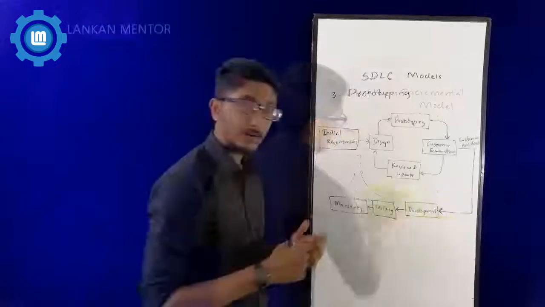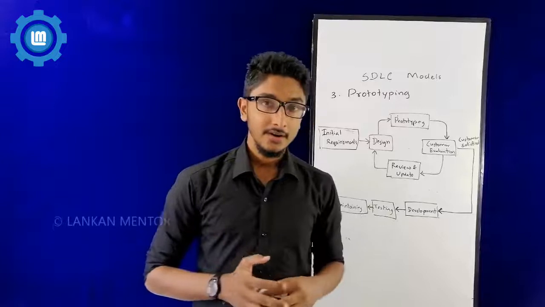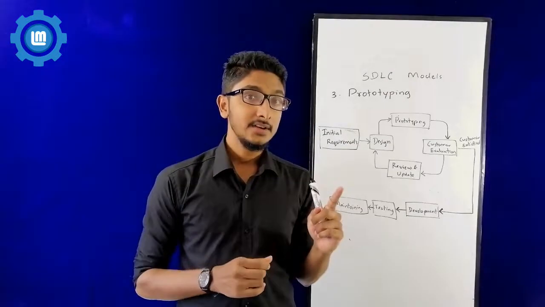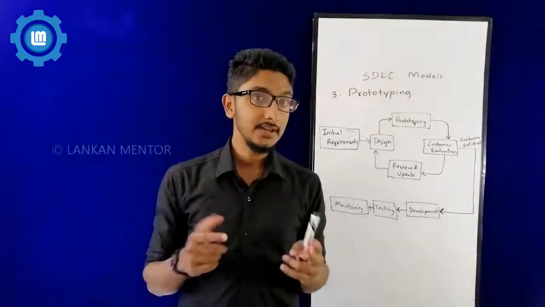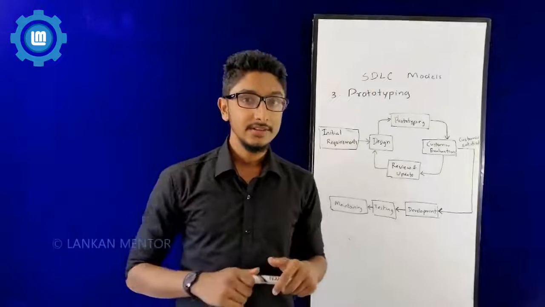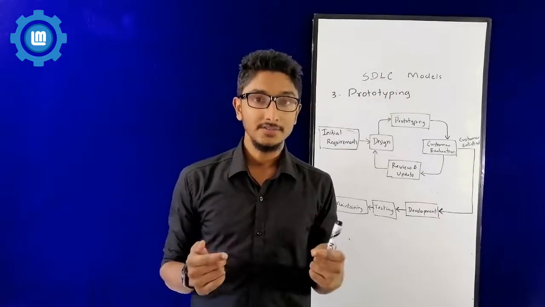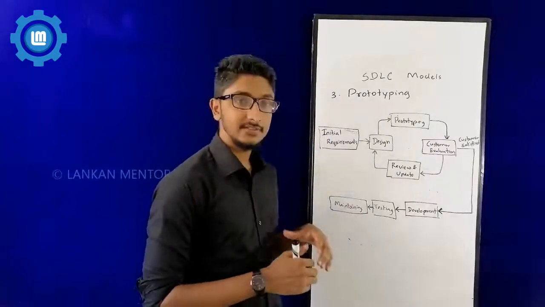prototyping. The next thing is the prototyping model. As I told you earlier in the previous video, in the requirement gathering phase, there was a thing called prototyping. What is that? Prototyping means showing a model. Here also it is the same thing.